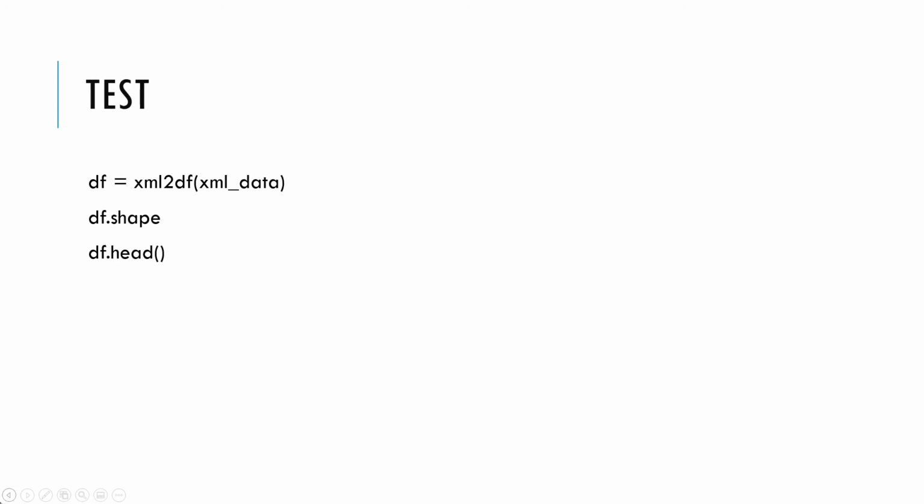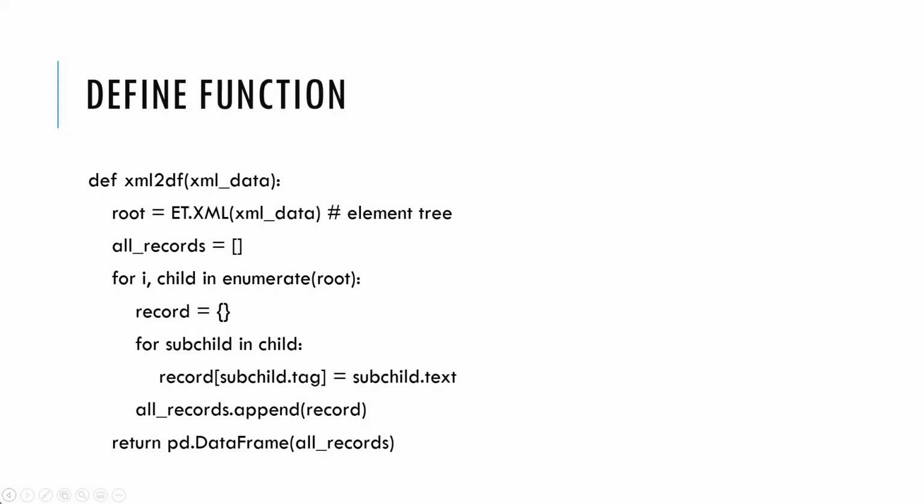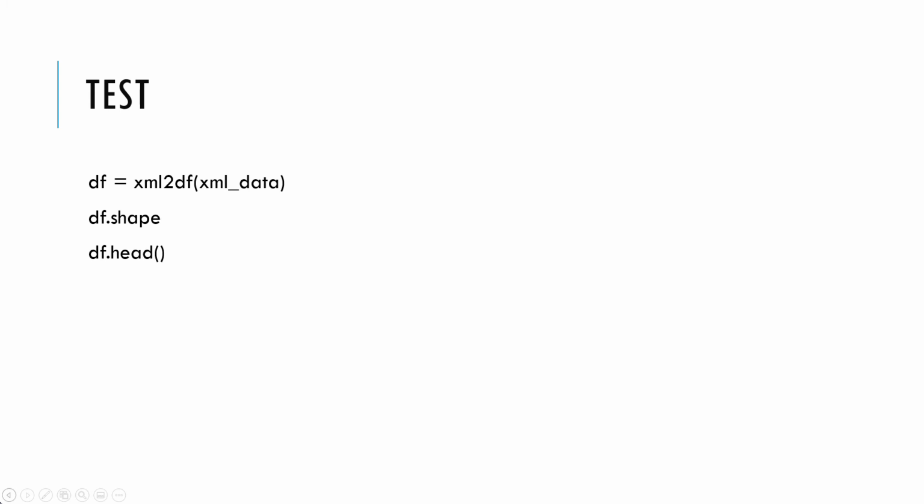Next, we will be testing the DataFrame. To get a DataFrame from our data, we call the function xml_to_df. This is a function. Then we check how many rows and columns we received in the pandas DataFrame.